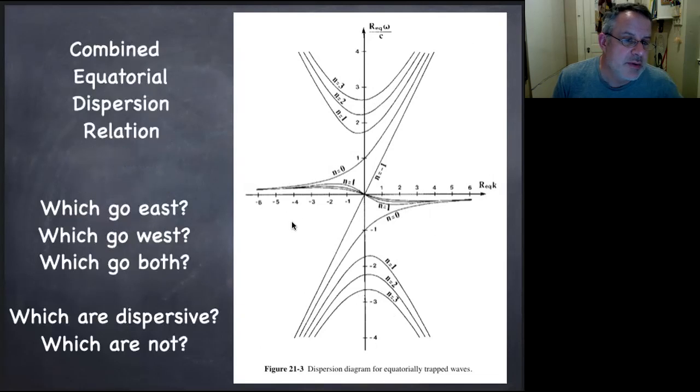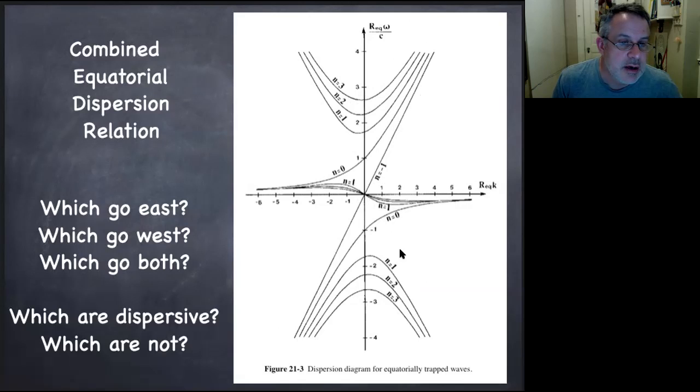So which go west, which go east, which go both? Remember, over here for K equals negative, everything that's above is going westward in phase. Everything that's below is going eastward in phase. So the Rossby wave is always westward in phase. Everything over here where K is positive, everything that is negative is going westward, everything that is positive is going eastward.